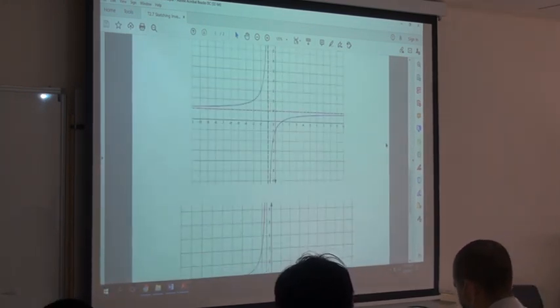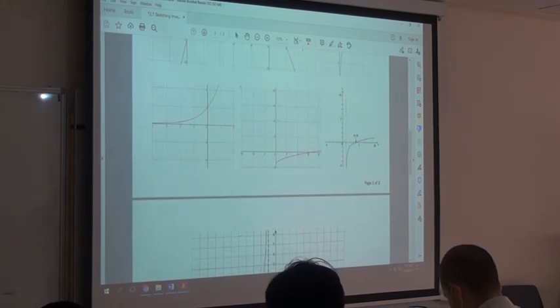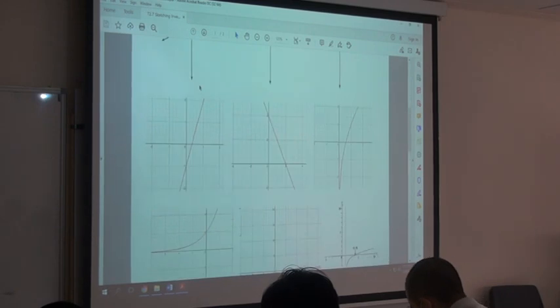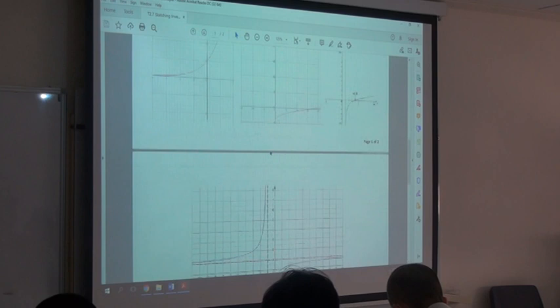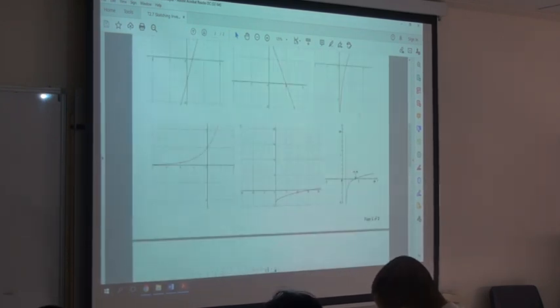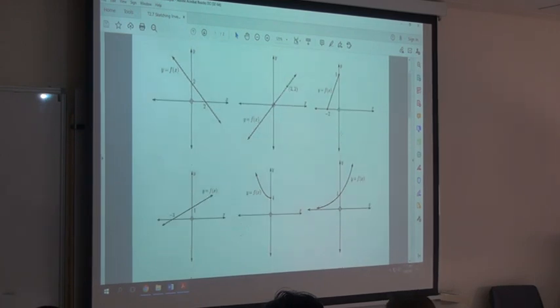I think this one is from IB. Anyone that is color coded, I created something on decimals. Others are from your textbook. So that's the activity for today.